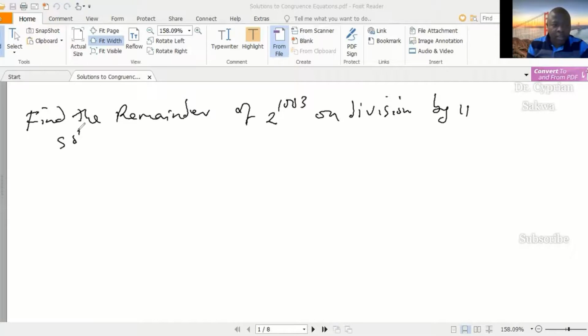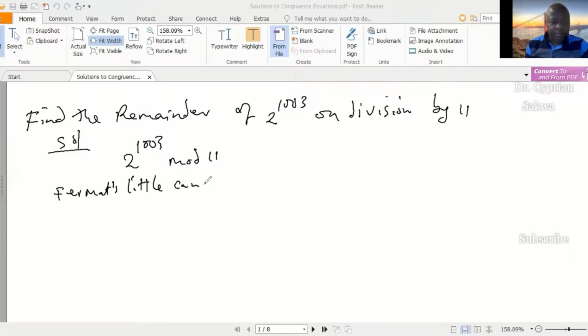Mathematically, this means find 2^1003 mod 11. So I want to see whether I can use Fermat's. This is a prime number, and it cannot divide 2, and therefore Fermat's little theorem can be used.